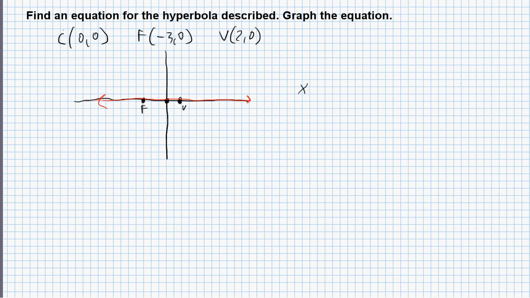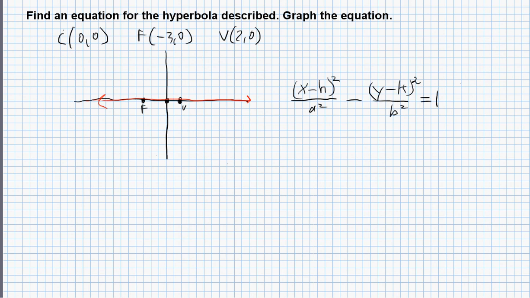So its formula is going to be (x minus h) squared over a squared minus (y minus k) squared over b squared is equal to 1.